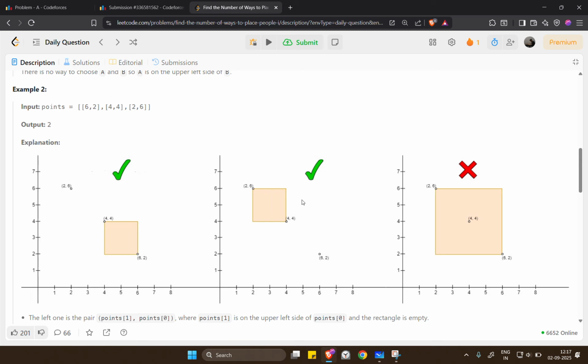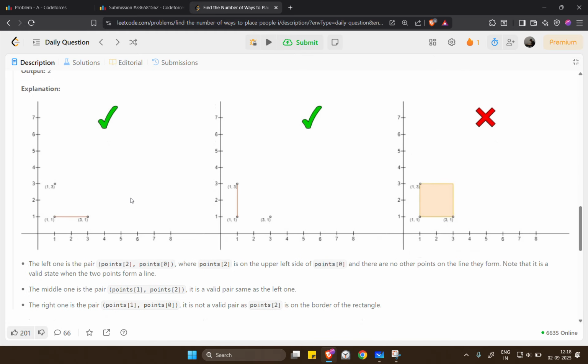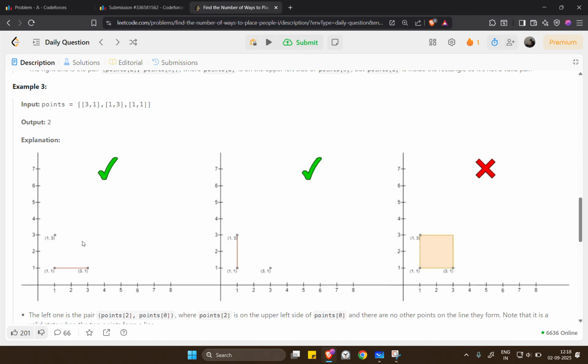So same for these 2 points, but if you consider these 2 points, the 6 comma 2 and 2 comma 6, the first point is on the upper left part of the second point, but as we can see, there is one more point lying inside the rectangle that they both make, so it's not a valid pair. So that way output is 2, and likewise you can verify for this test case the output is going to be 2. So these 2 points and these 2 points.